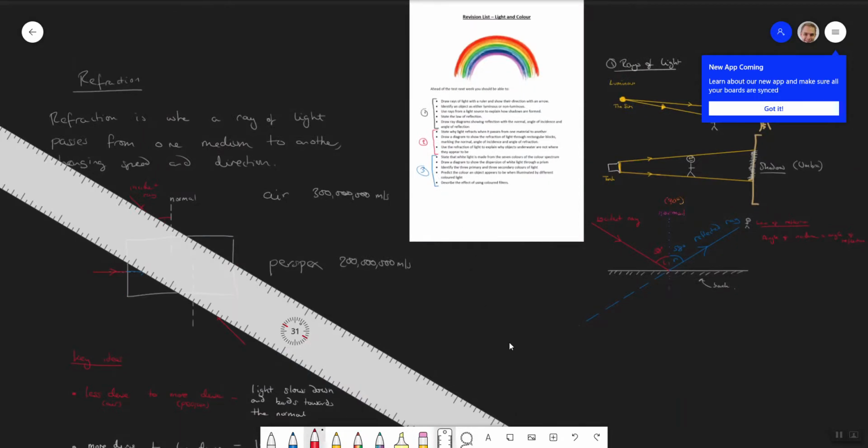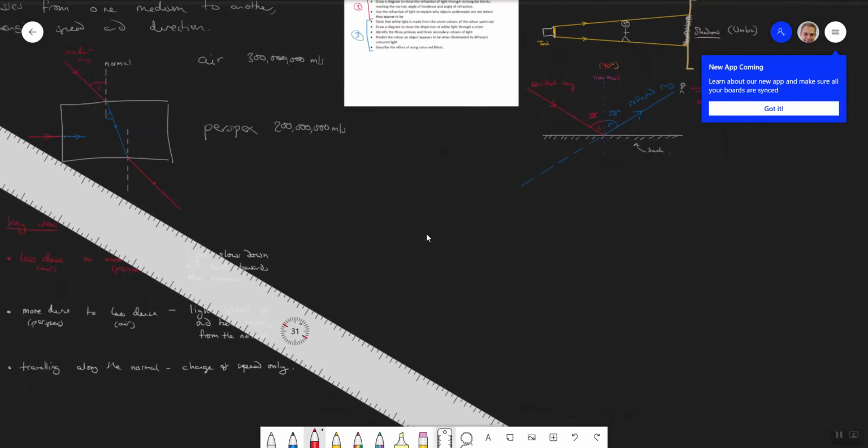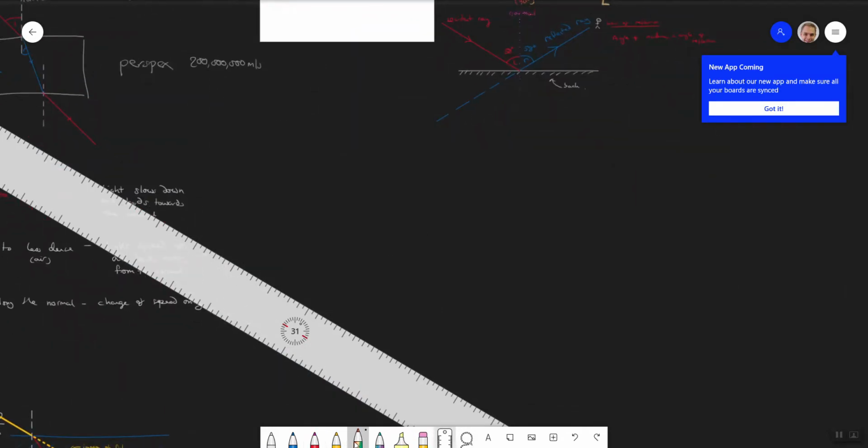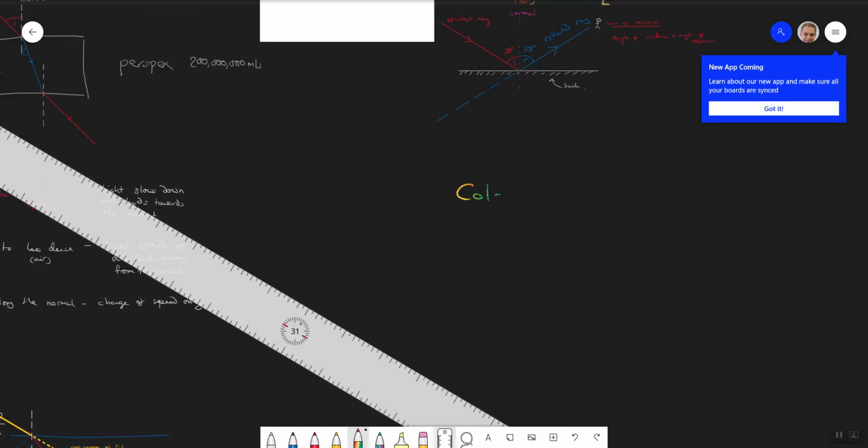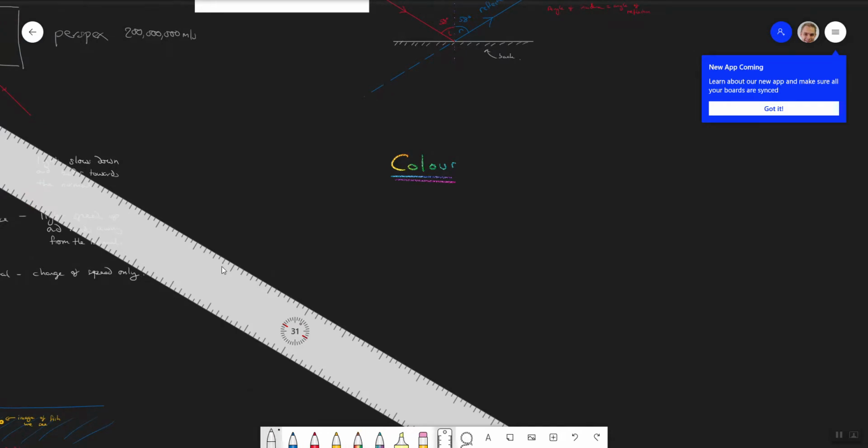Last section, color. Still with color. Let's use our rainbow pen to write this title. Okay, so color. Key ideas. One.